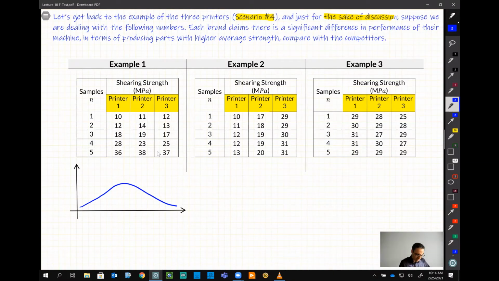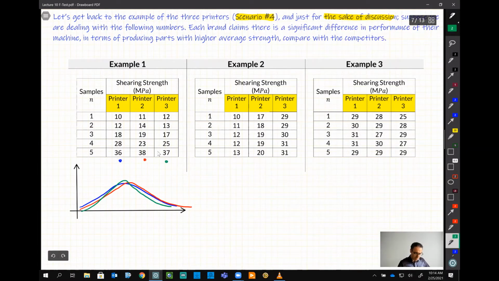The second one, let me plot in red, maybe like that, and the third one in green, maybe something like that. So to keep track: blue, red, and green.